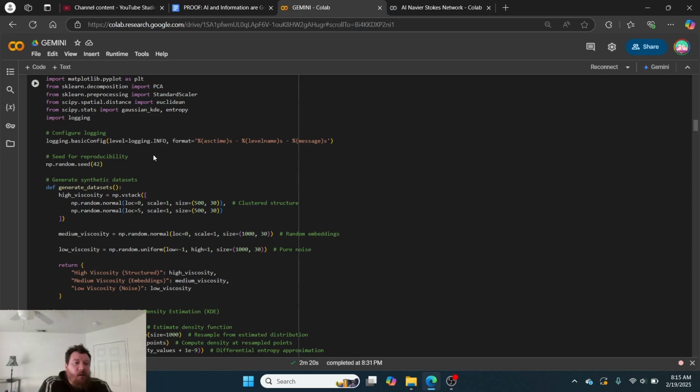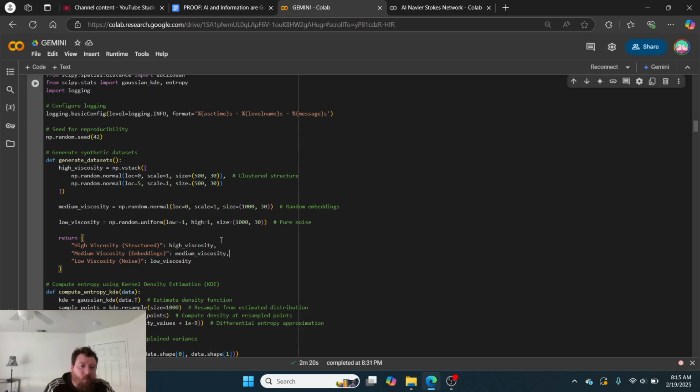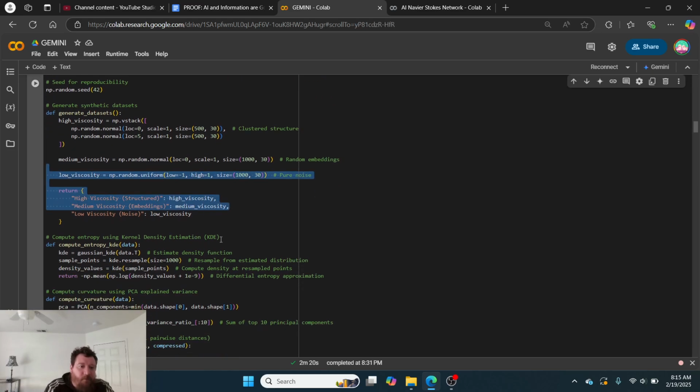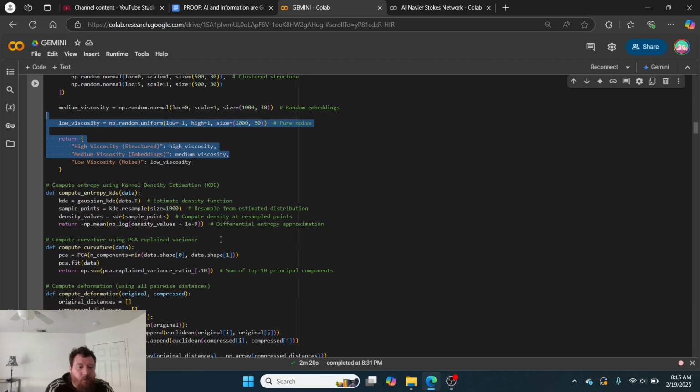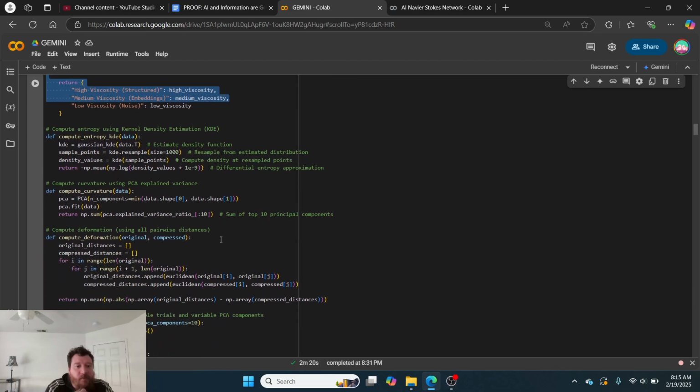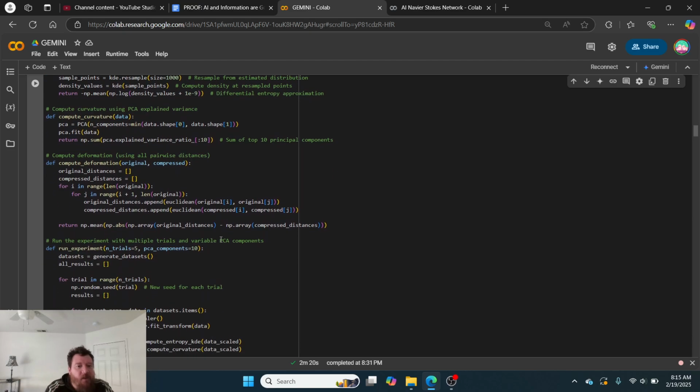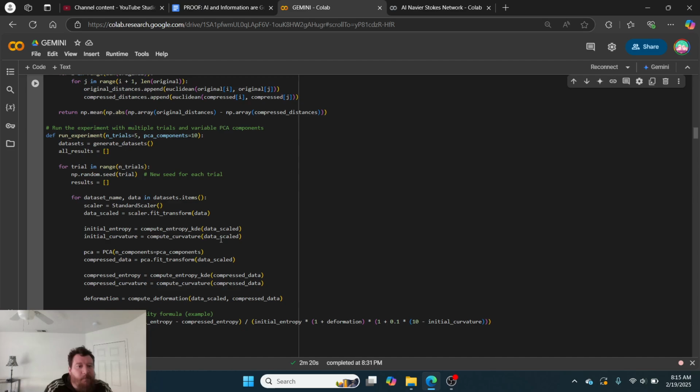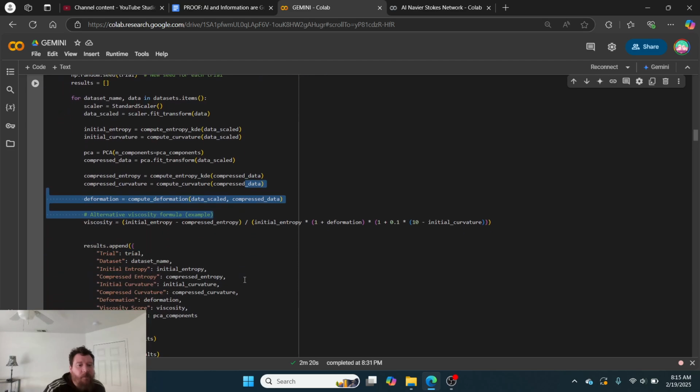So I set up the same data set and same experiments for the synthetic data set: compute entropy using KDE, compute curvature using PCA, compute deformation using all pairwise distances, and run the experiment using PCA components, so I'm using dimensionality reduction. In this instance, I generate new seeds for every single trial. I alternate viscosity formulas, making sure that I'm testing whether viscosity actually exists within this.